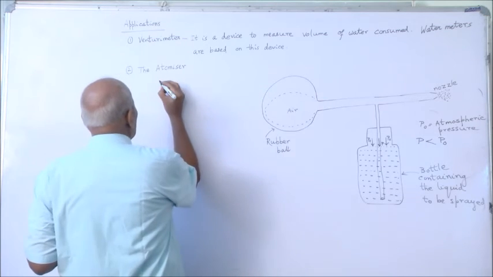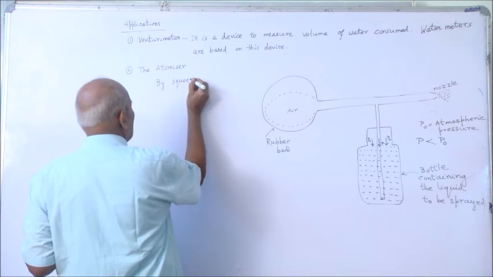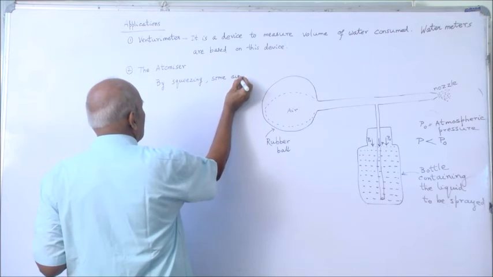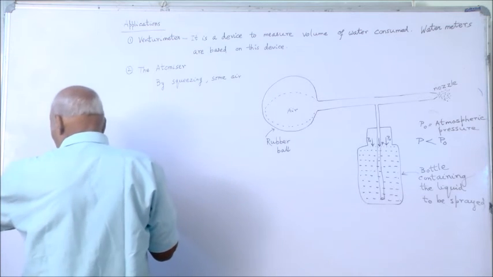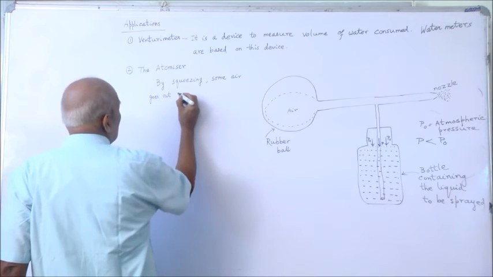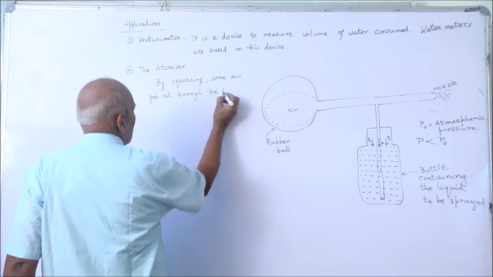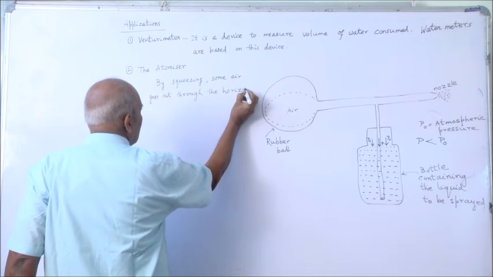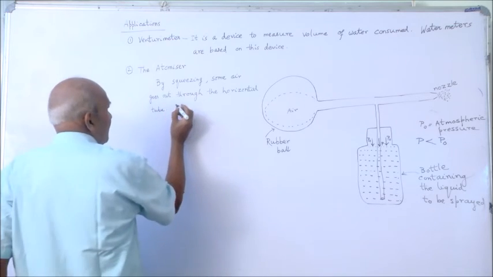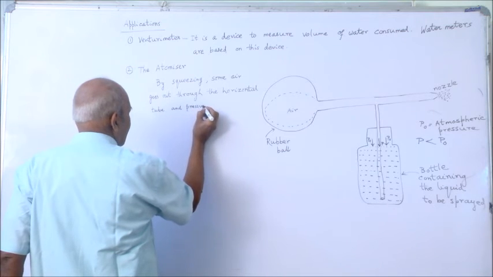So, by squeezing, some air goes out through the horizontal tube, and pressure decreases.